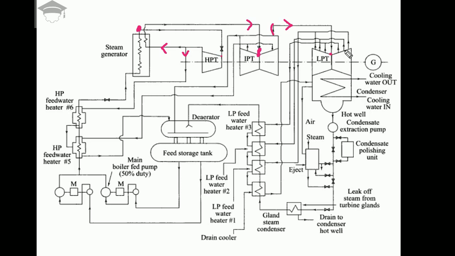Most of the outlets go to the respective low pressure feed water heaters. All three lines go to low pressure feed water heaters, and the remaining steam gets converted into hot liquid water using a condenser in which cold water flows.